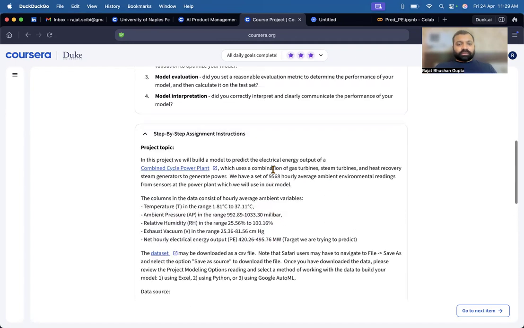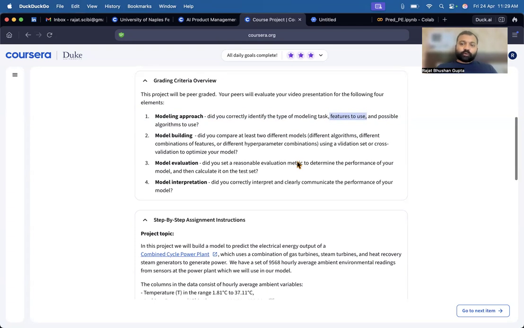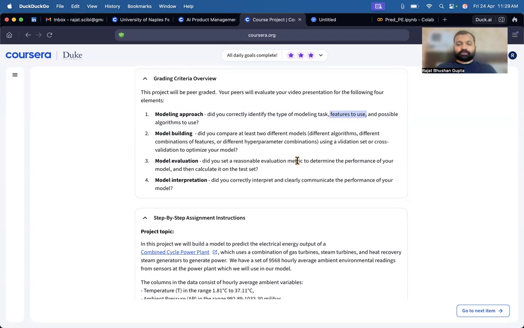So yeah, that is the point number one for evaluation criteria. So we have identified this approach as a regression. Features to use, since there are only four features, we will use all four of them for this particular model building.